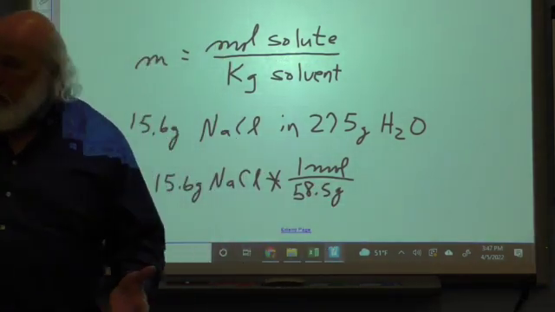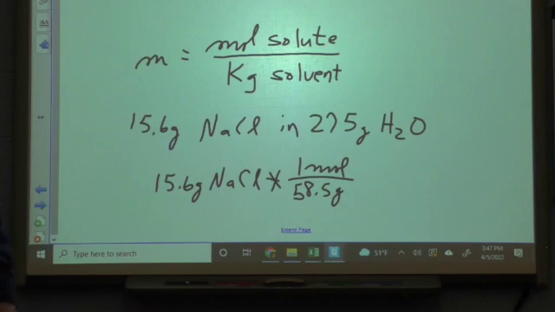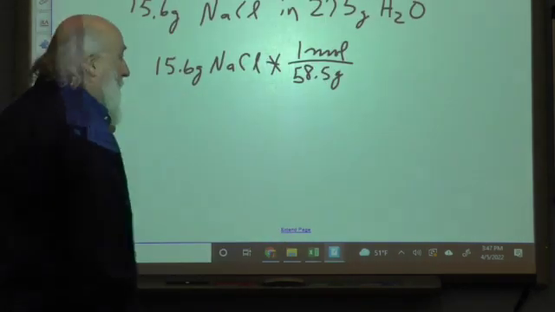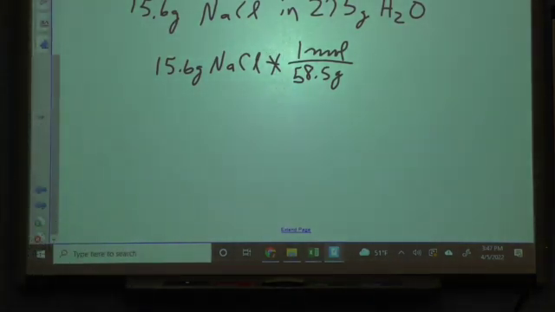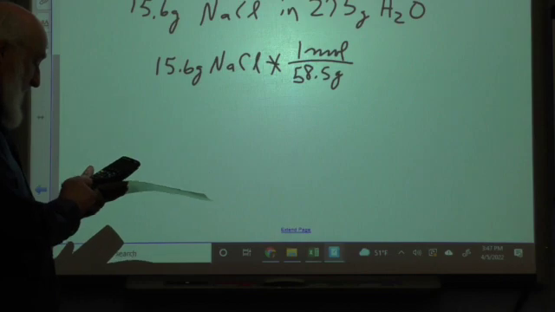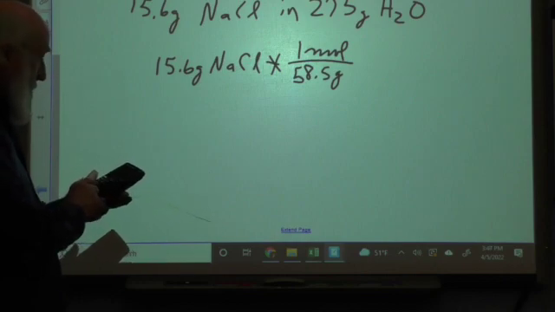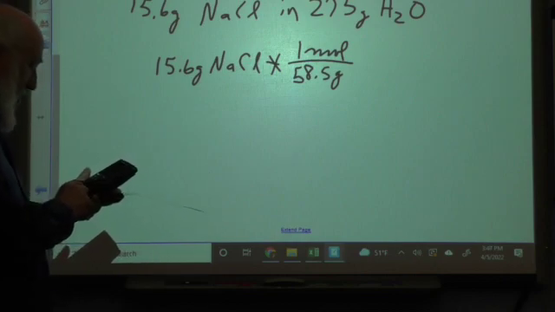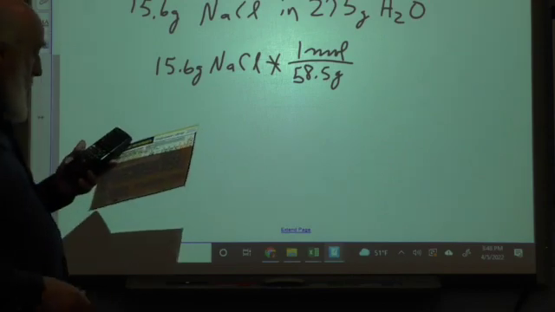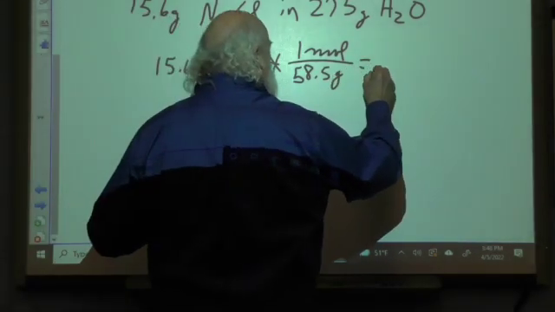We go to the periodic chart, and you find sodium is 23.0 and chlorine is 35.5. So you get your trusty old calculator out, and we take 15.6 divided by 58.5, and I get 0.267 moles.